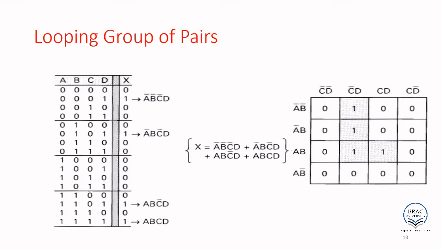For looping groups of pairs, you have 4 input variables here. Your truth table is given. So you have 16 cells, then 4 rows and 4 columns. It can be represented like that: A prime B prime, A prime B, A B, A B prime, and similarly C prime D prime, C prime D, C D, C D prime.